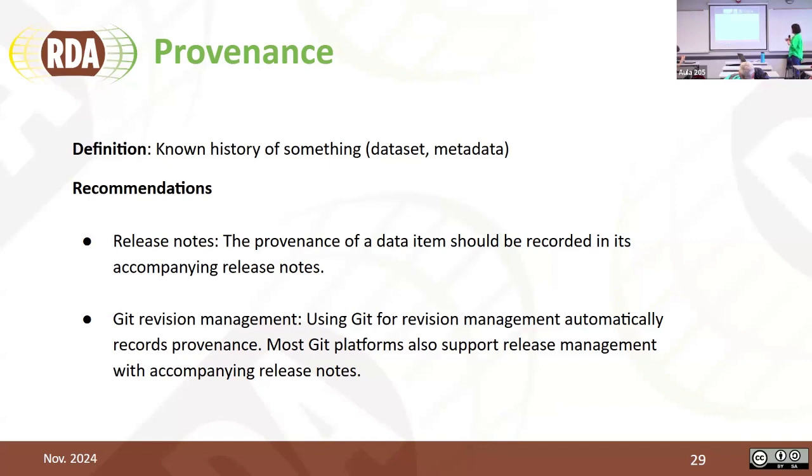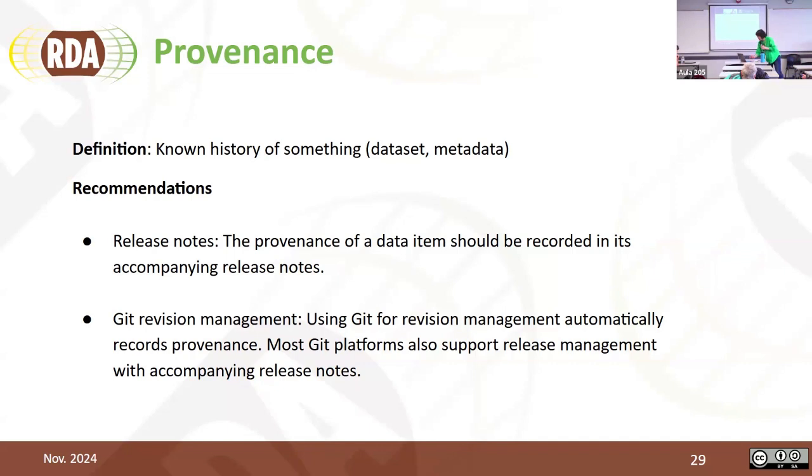We talked about release notes before, which should have information on what has been changed, or if you use a Git platform, then that has revision management for you to use. Any quick comments?